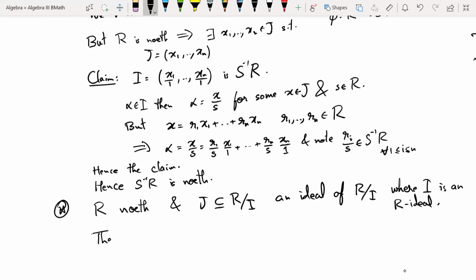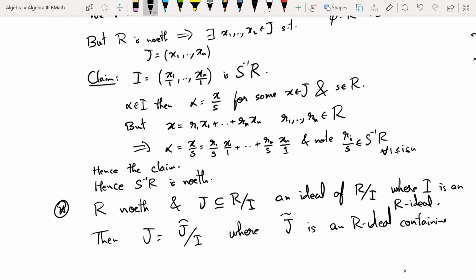We know how the ideals in the quotient look like. J is equal to J tilde mod I, where J tilde is an R ideal containing I. So there is a bijection between ideals of R mod I and ideals of R containing I.